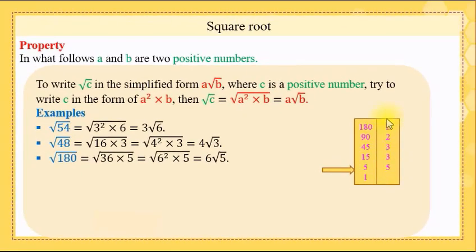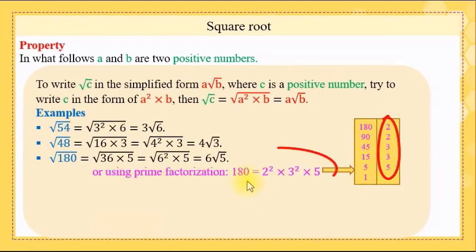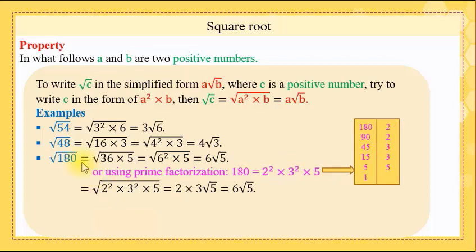We can write these numbers in this way, 180 equals 2 power 2 times 3 power 2 times 5. Then we replace 180 inside the radical by these prime numbers. And each prime number powered by 2, we move it outside the radical to write 2 times 3 radical 5. And finally we get 6 radical 5.